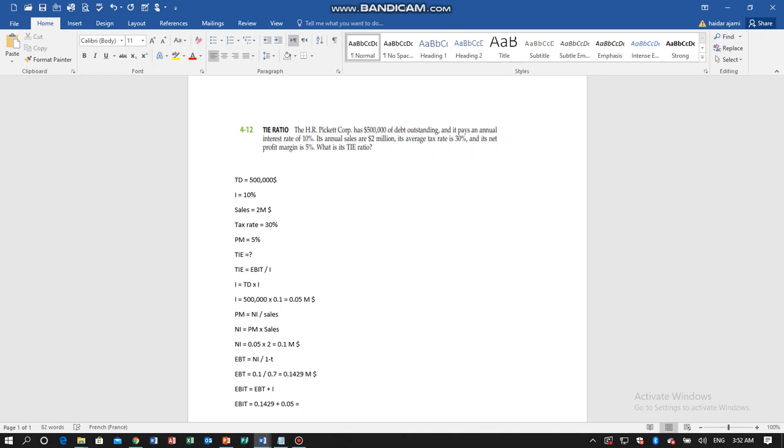So the earnings before interest and tax is $0.192 million. Now we can calculate the times interest earned ratio, which is equal to EBIT, so 0.192, divided by the interest, which is 0.05, which gives us 3.86 times.